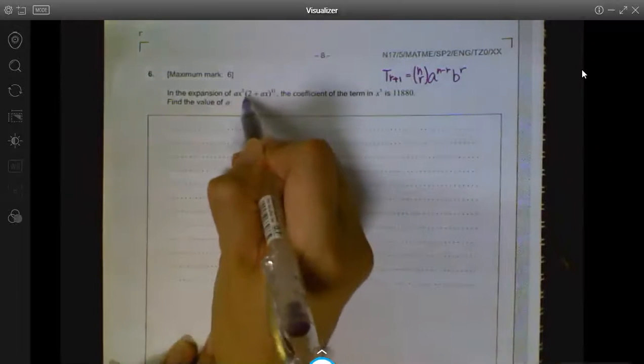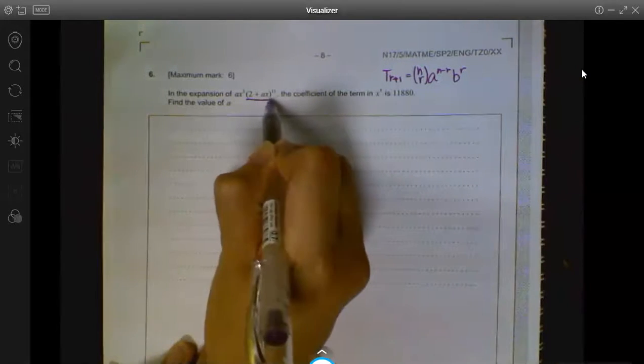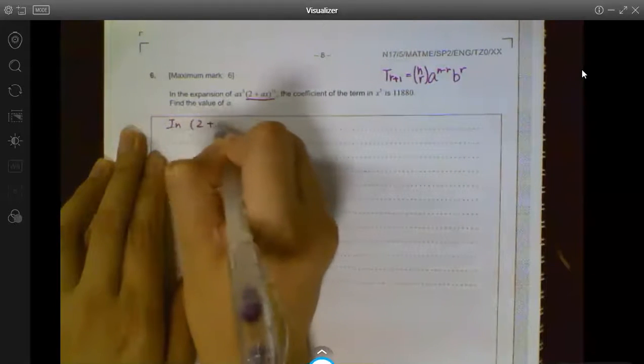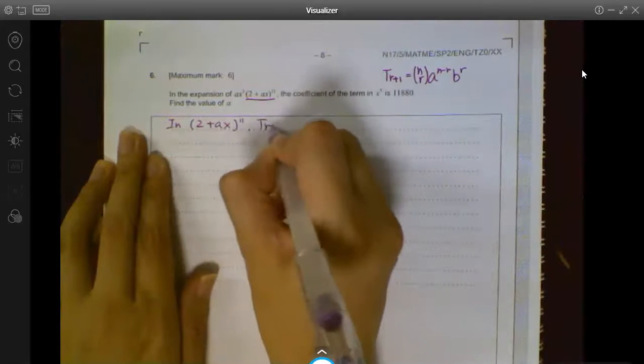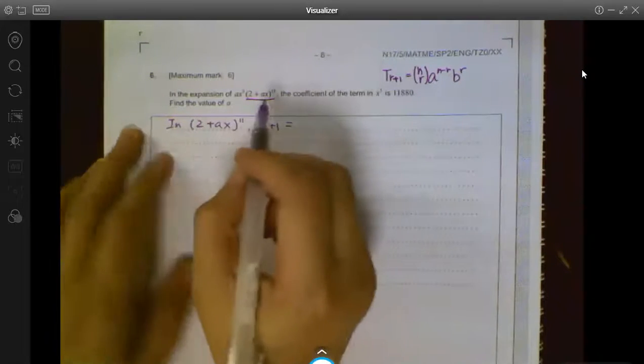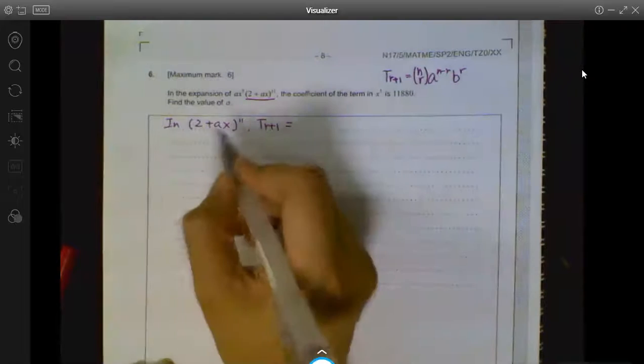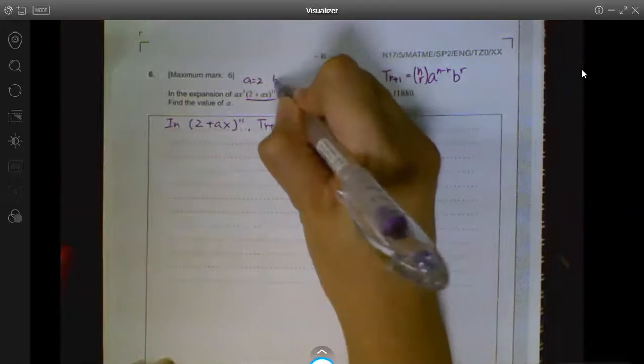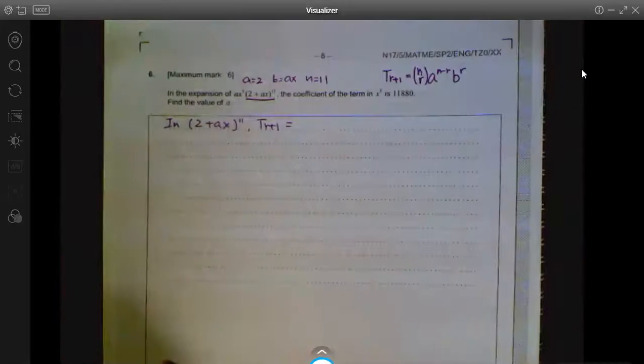Now in the expansion, I'm going to focus only on the binomial expansion, which is the second part. So in (2 plus ax) to the 11, my T r plus 1 would be, let me identify what is my n and my a and my b. a is 2, b is ax, and n is 11.